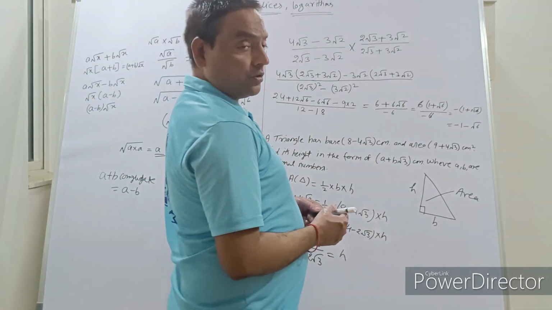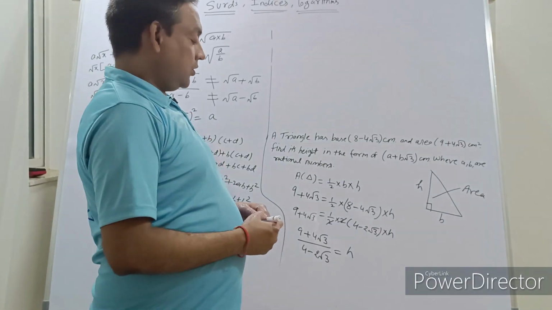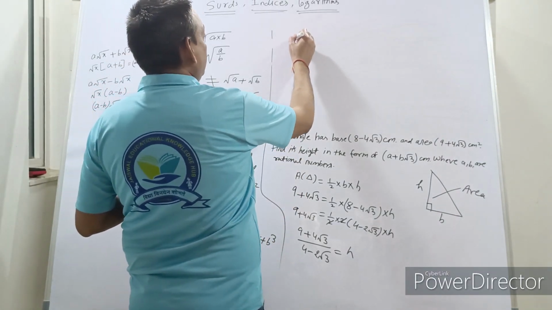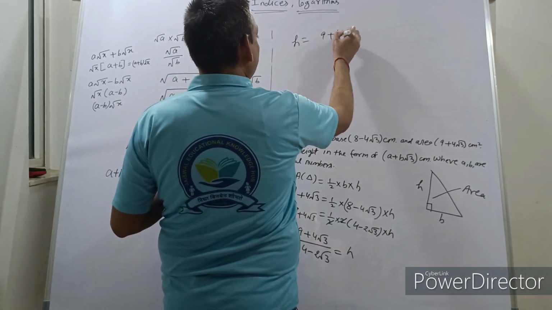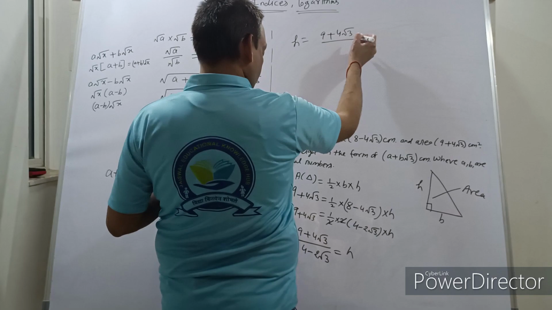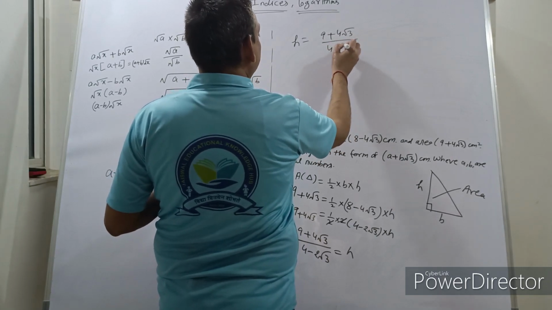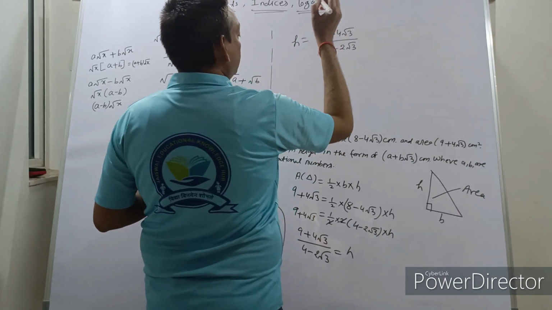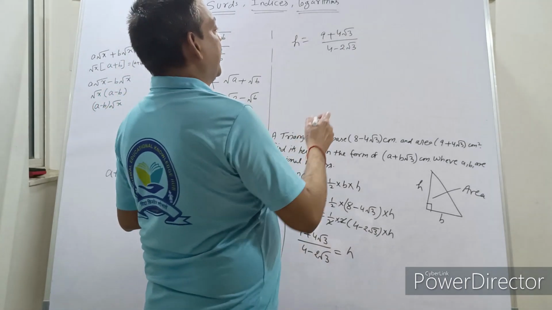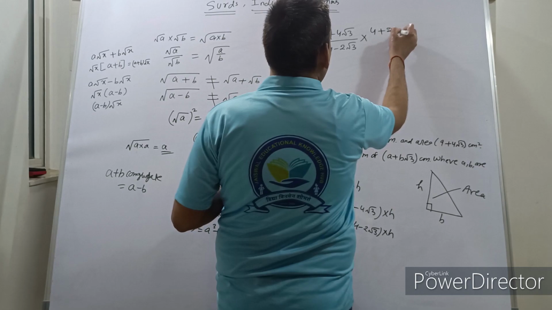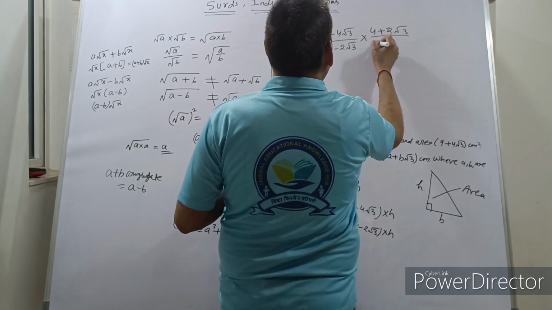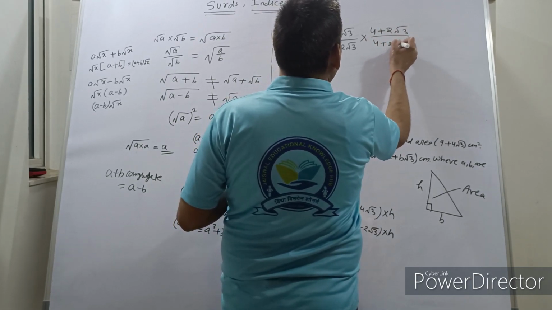Okay, so height is equal to 9 plus 4 root 3 upon 4 minus 2 root 3. Okay, so we'll multiply and divide by the conjugate of the denominator, which is 4 plus 2 root 3 upon 4 plus 2 root 3.